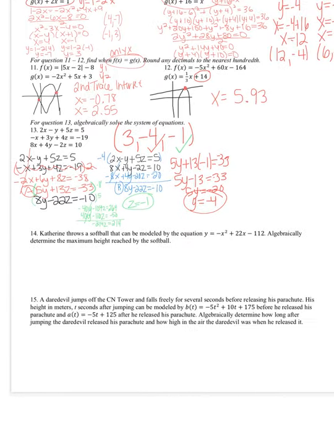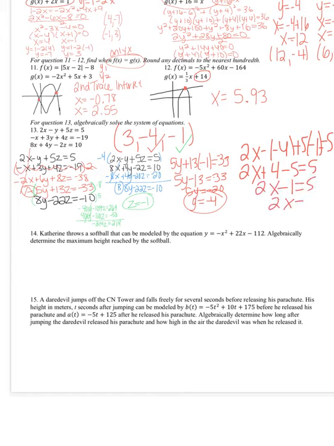And now to figure out the last one, I'm going to plug it into either of the original 3. So if I do 2x minus y, so minus negative 4, plus 5z, with z negative 1, equals 5. This gives me 2x plus 4 minus 5 equals 5. 2x minus 1 is 5. 2x equals 6.